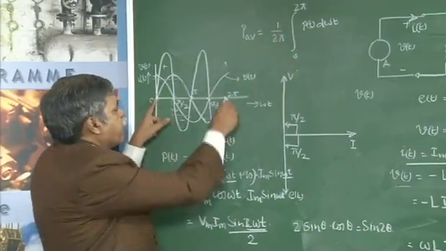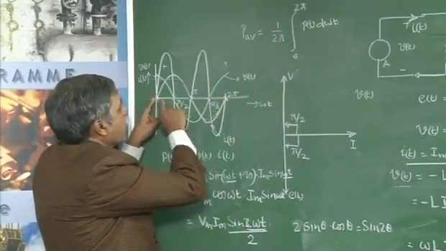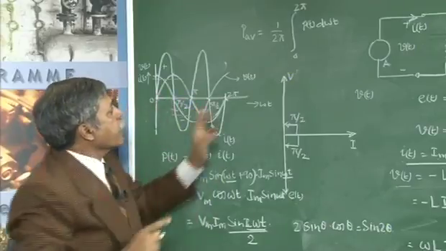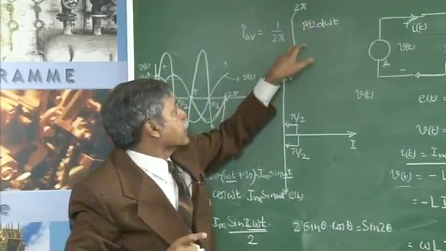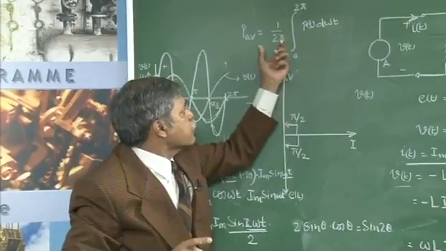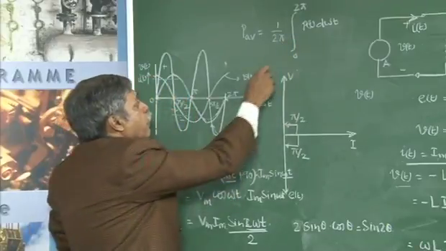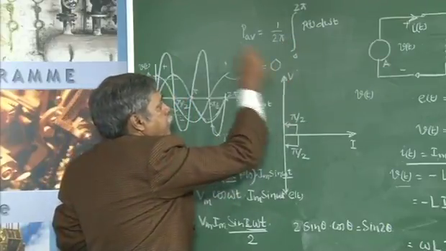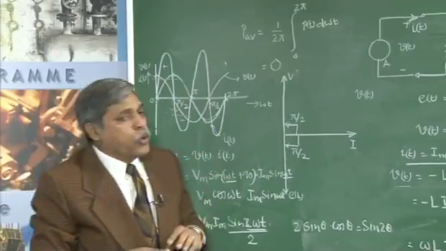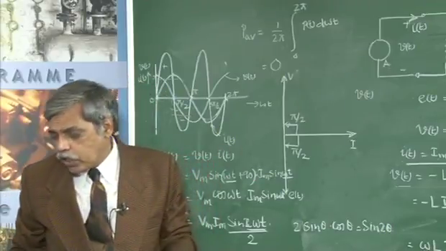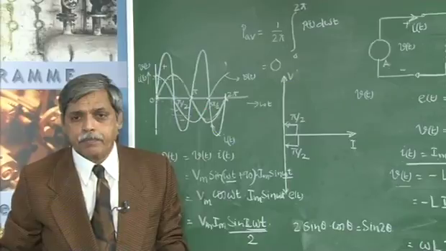I have calculated it for the full period of the voltage or current, that is why I have taken the limit as 0 to 2 pi. This gives a value of 0 for an inductor. So when a pure inductor is there, it will not consume any average power.